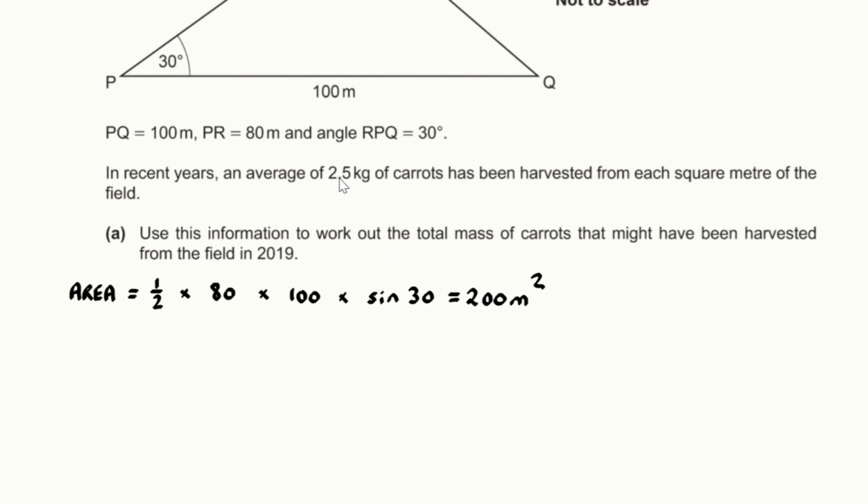And then we've got an average of 2.5 kilograms of carrots from each square meter.